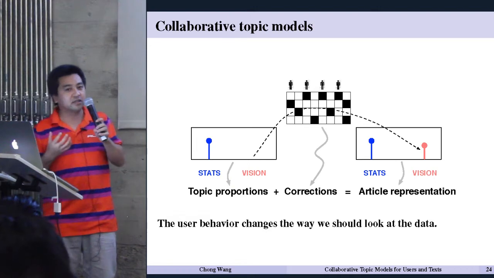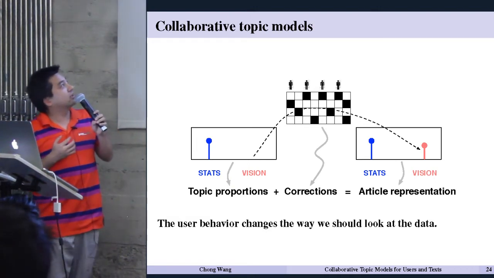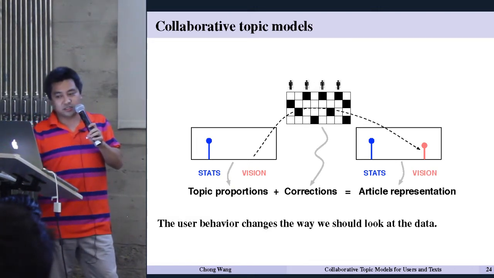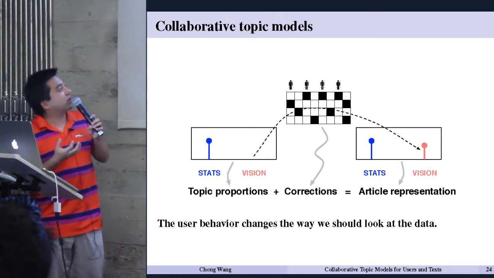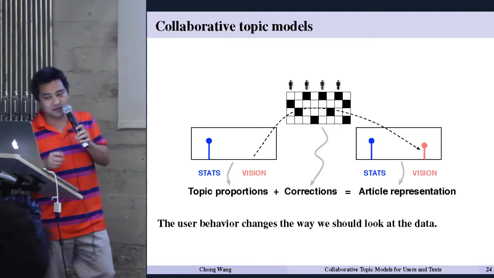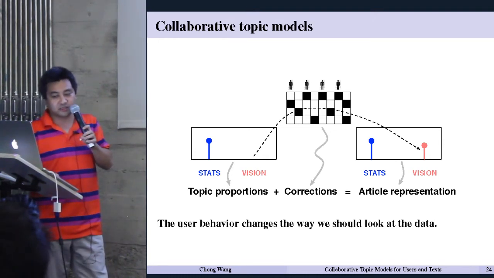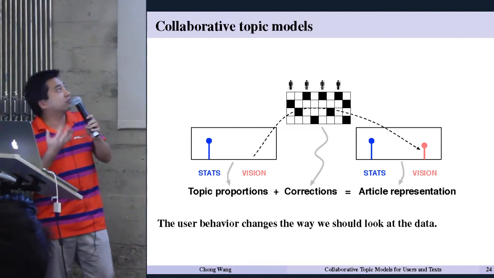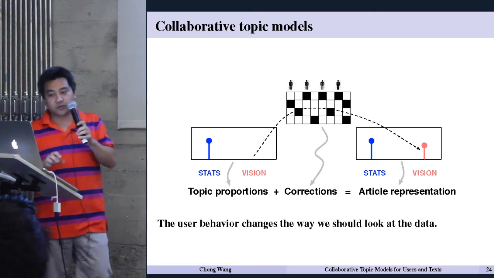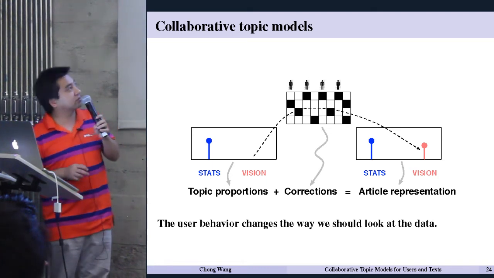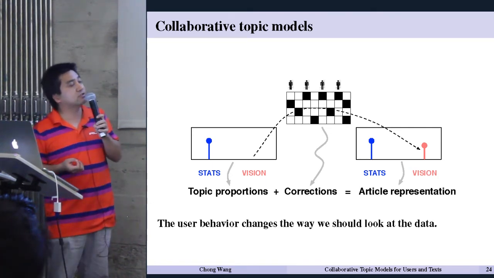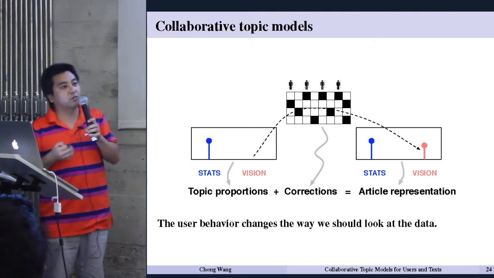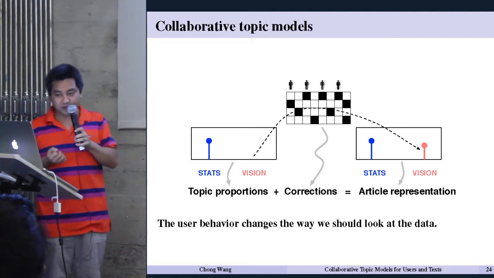That's the basis of a topic model. And then we add one thing. We call it a correction vector, added to the document's topic proportions, that we think will account for the behavior of users. Then we use this summed vector as the final representation.